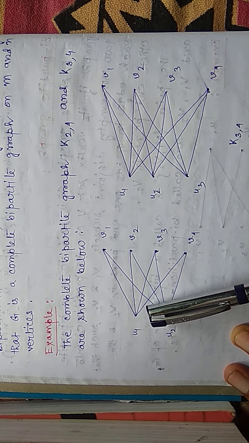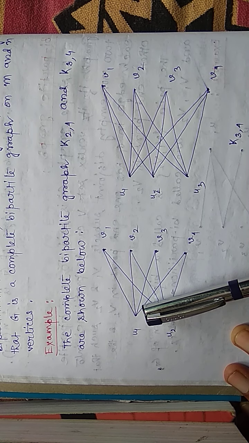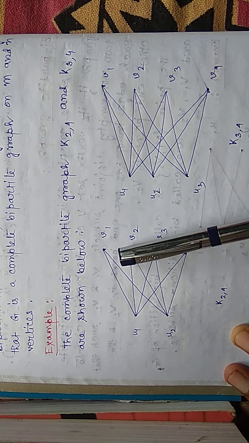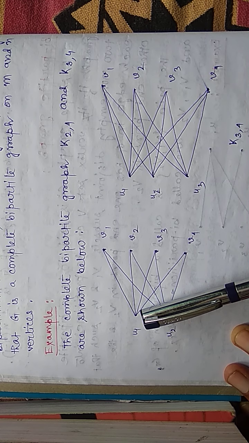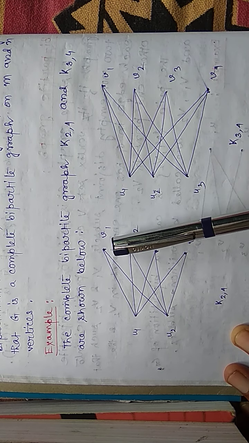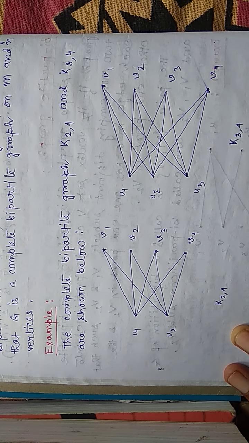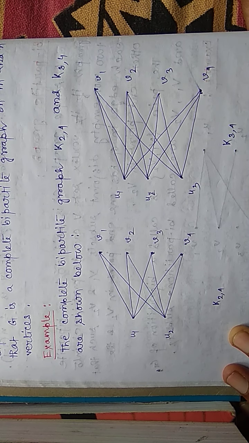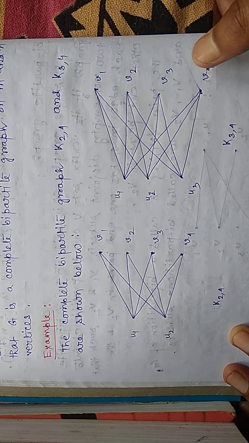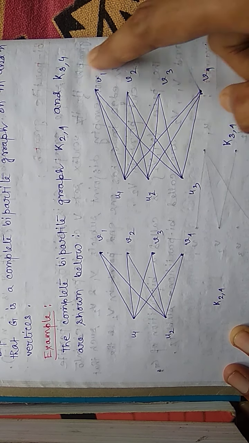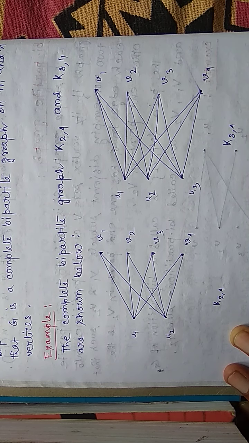And look, there is an edge between each pair of vertices u and v, where u is from the first bipartition subset and v is from the second bipartition subset. So this is a complete bipartite graph K2,4. Similarly, another complete bipartite graph K3,4 is this. That's all.